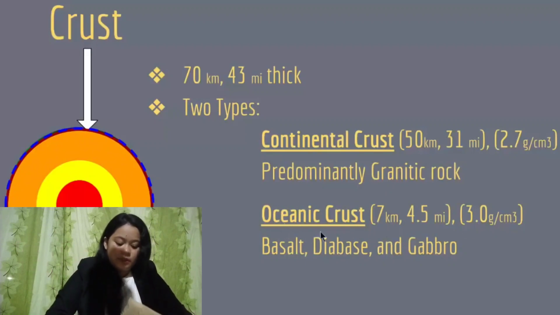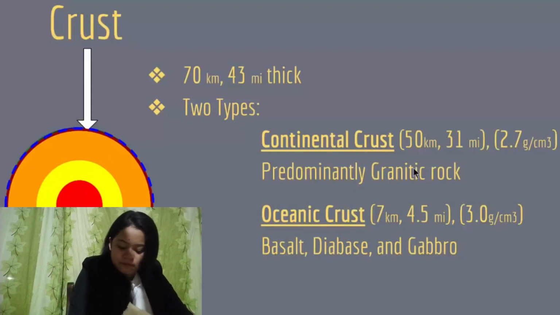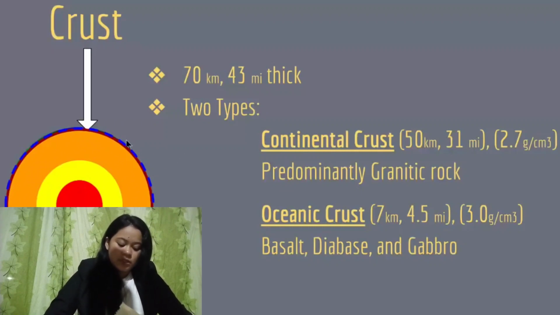In high relief, on the much higher density mantle below, we have the continental crust and oceanic crust, the two types of crust that we have.